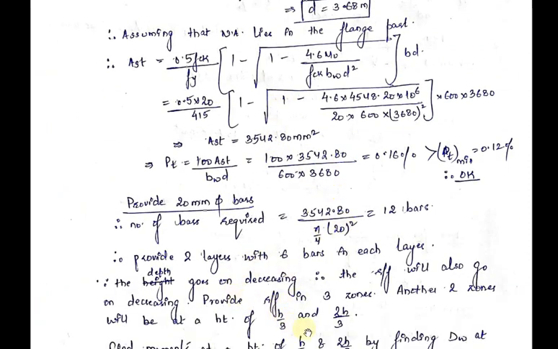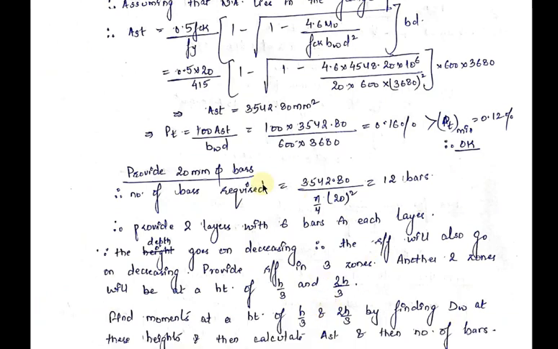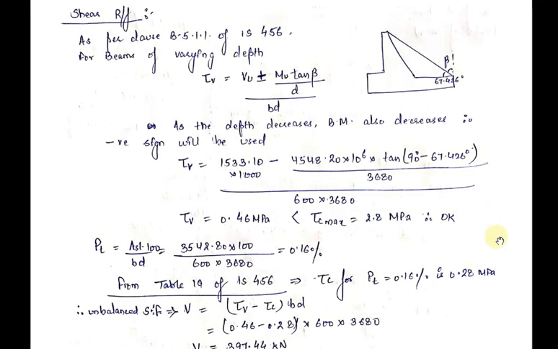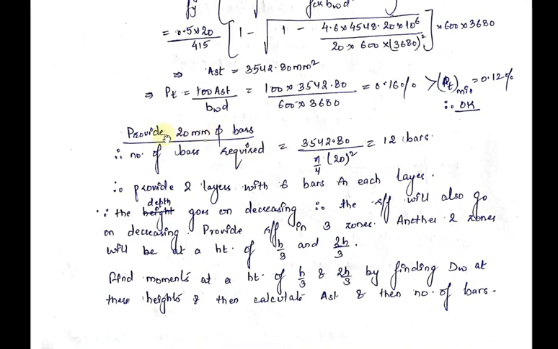I'm not going to solve for the number of bars in these two zones, that is for the next h by 3 and for the top h by 3. You can do it by the same procedure that we did. So this is the reinforcement that we will provide for bending. Now in the next lecture I will discuss the calculation of the reinforcement for the shear force.